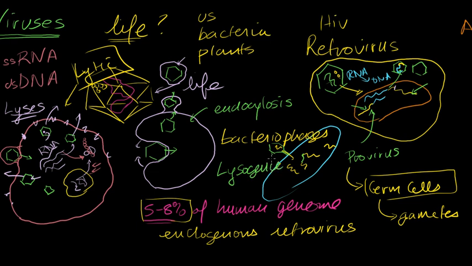And although a provirus is essentially experiencing a lysogenic cycle in eukaryotes, in organisms that have a nuclear membrane, normally when people talk about the lysogenic cycle, they're talking about bacteriophage DNA laying dormant in the DNA of bacteria.